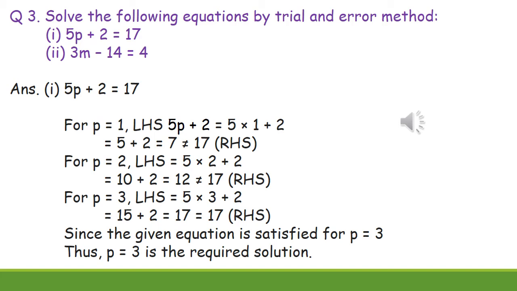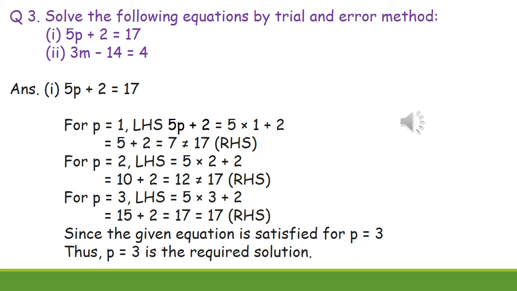Then we drew our inference whether the equation was satisfied or not. But in this case, no value was provided, only the equation. So what is trial and error? That means we have to choose some value for the variable and see whether it is being satisfied or not.